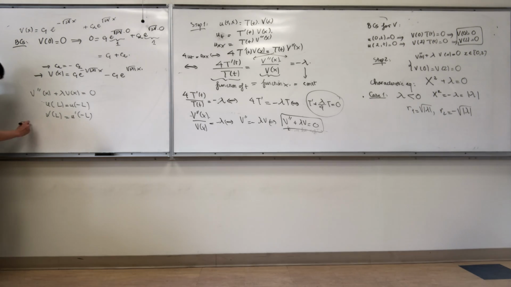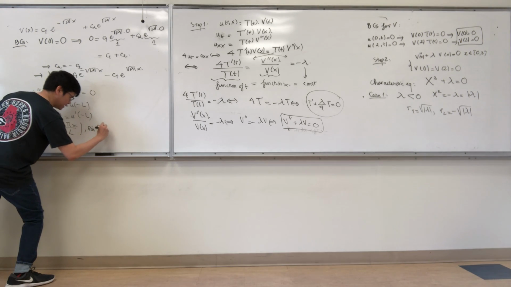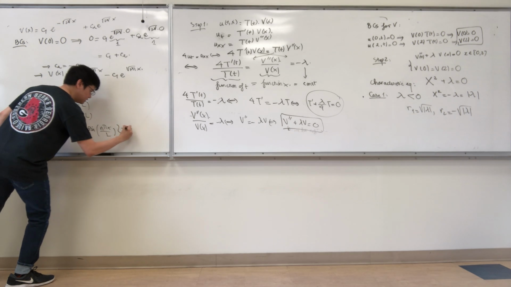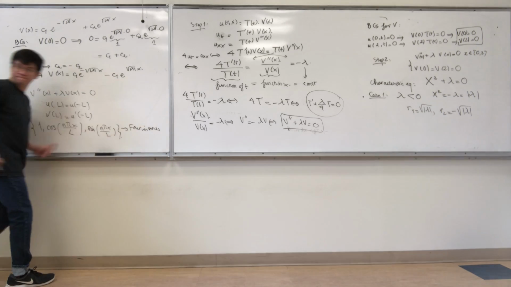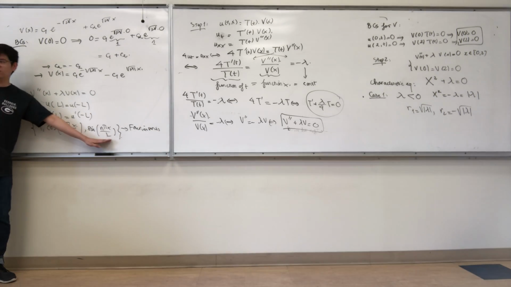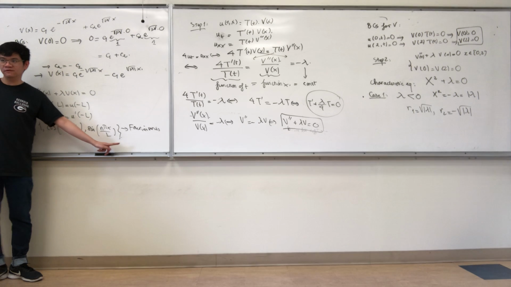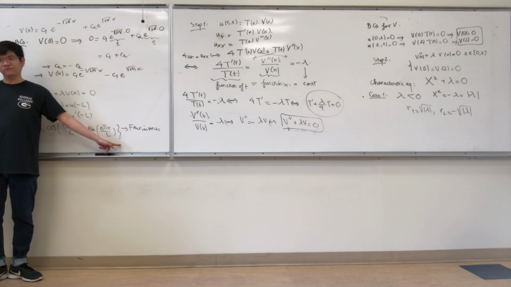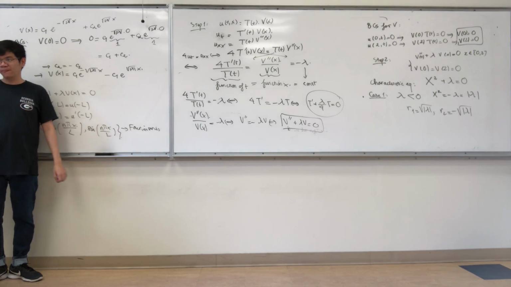So the basis finally will be 1, cosine of n pi x over L, and sine of n pi x over L. Right? This is the Fourier series. So in the last case, you're gonna find cosine and sine, and at the same time, in the second case, you find 1. So you have to add 1 to everything, and then you have a basis for the Fourier series. So the Fourier series is just one special case of the eigenvalue problems.